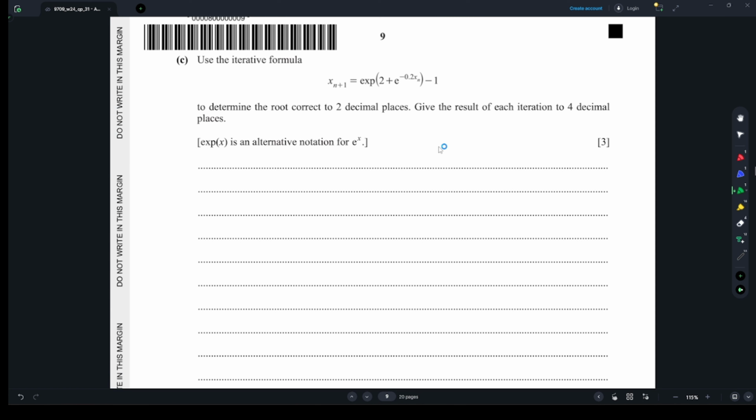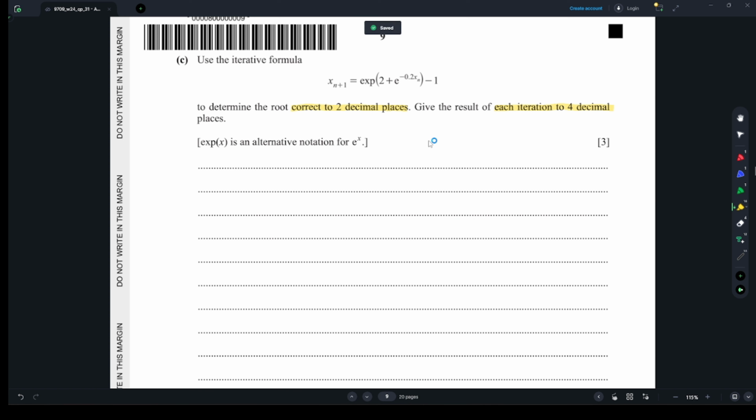Okay, then part C. Let's see. So here they have given us an iterative formula to determine the root to the correct two decimal places. Okay, so remember here the answer should be to two decimal places, given that the results of each iteration are to 4 decimals.